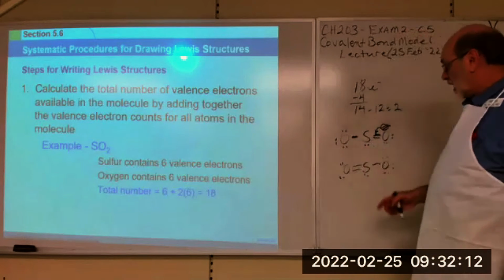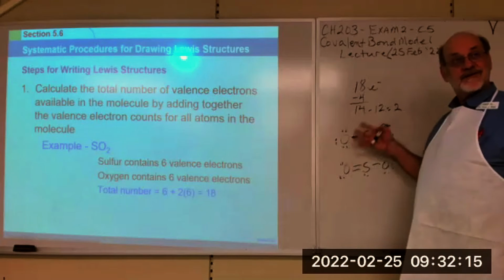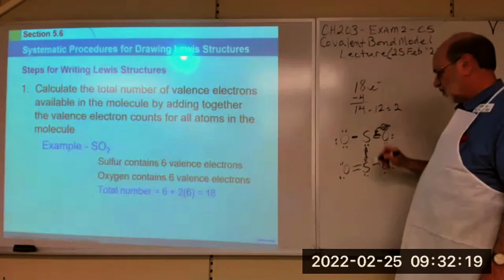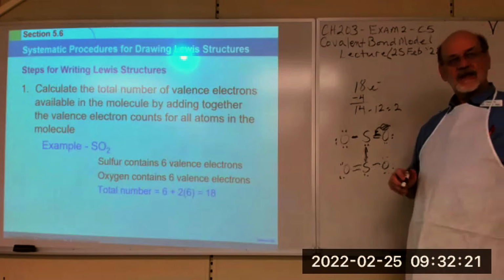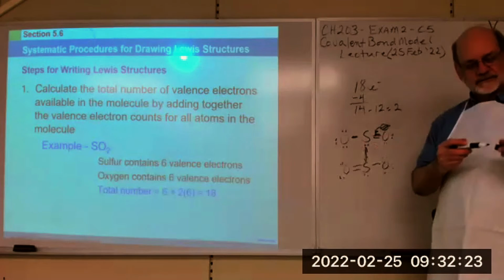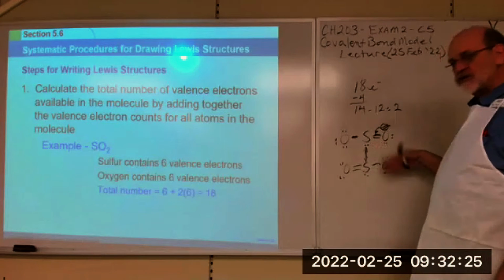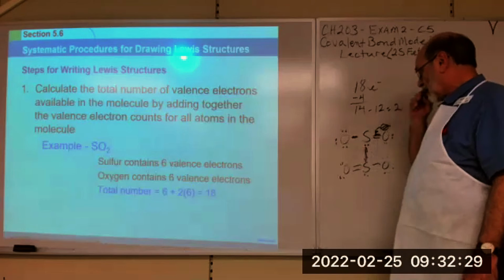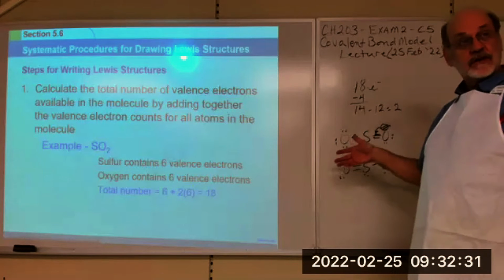So we're going to say, okay, both of these are equivalent, they're valid, so we're going to resonate between the 2. That's our Lewis structure. It resonates between those 2 structures. Now, how do we know that they're basically equivalent?